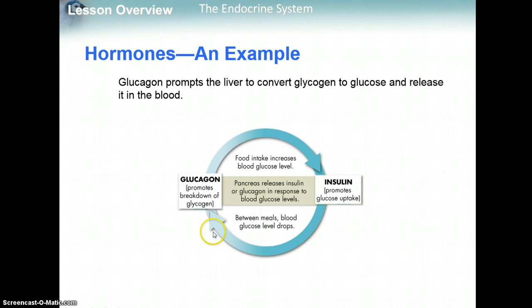So now your pancreas is signaled to release glucagon, which helps break down glycogen so it can release glucose back into your blood, so then it can be circulated to your cells that need glucose.